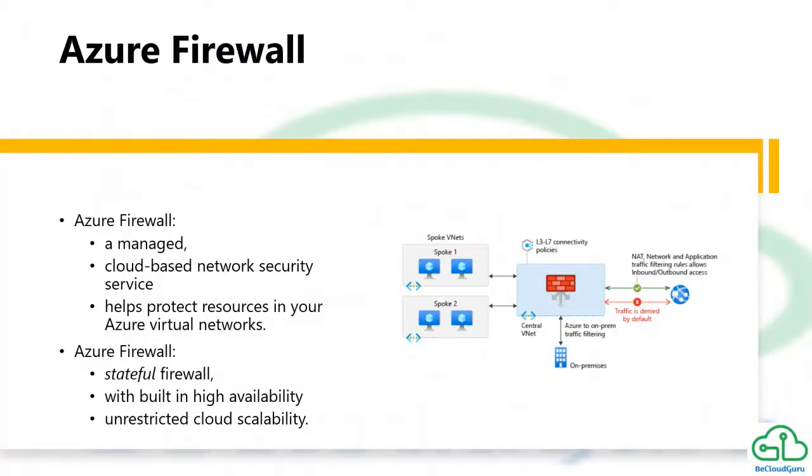When you deploy a firewall, you will have a firewall policy which will contain different rules for your NAT, your network, as well as application-based traffic filtering, by which you would be allowing or denying inbound or outbound access.